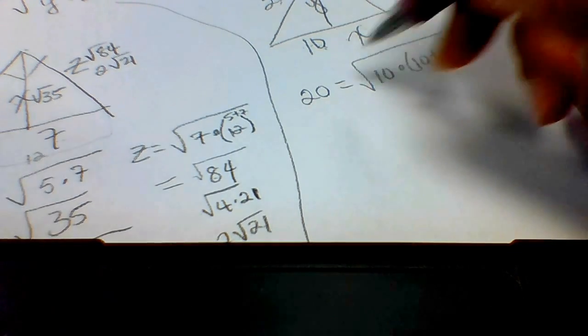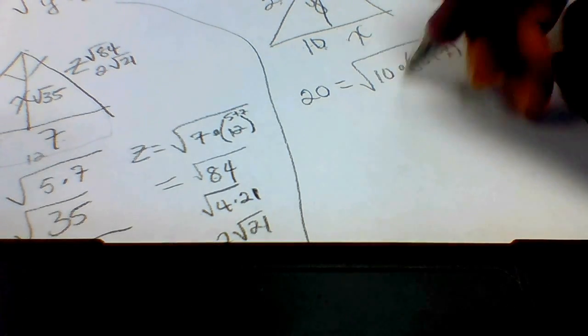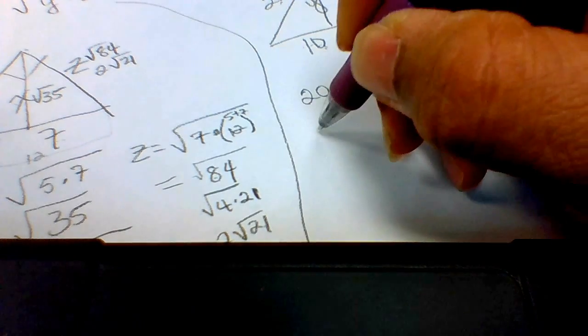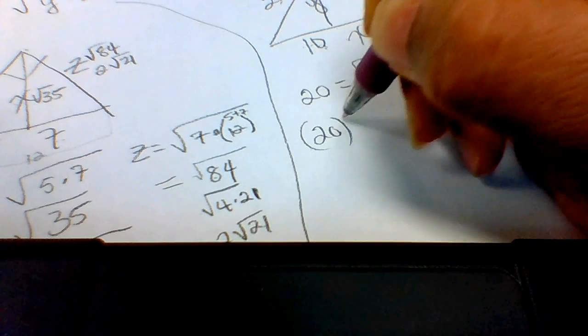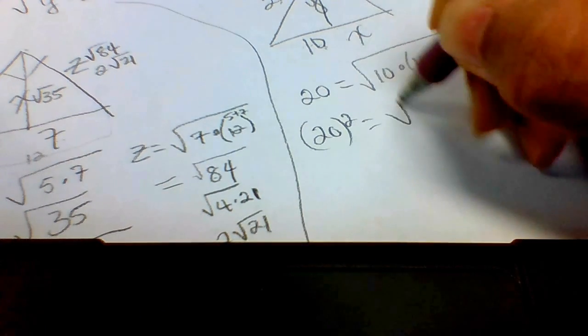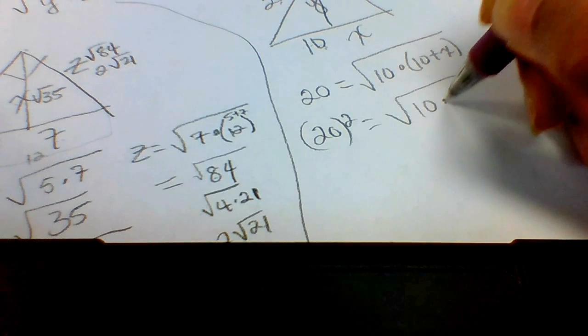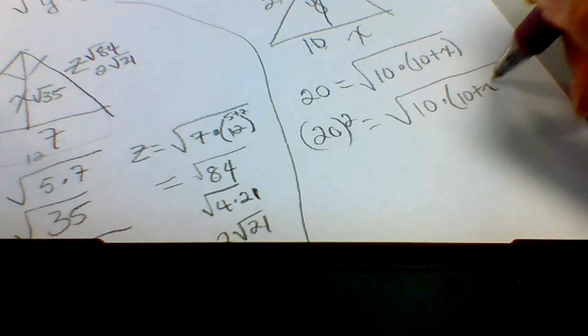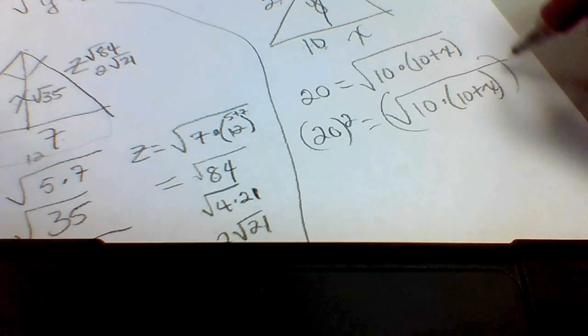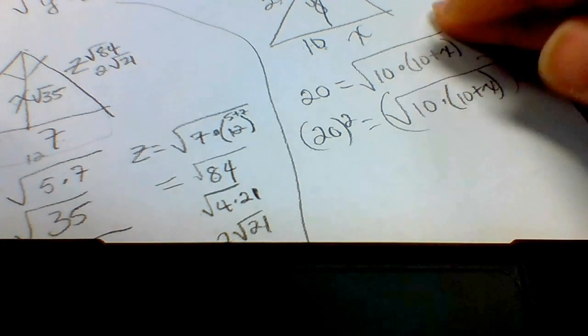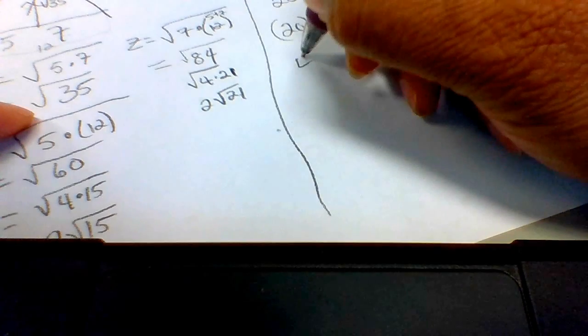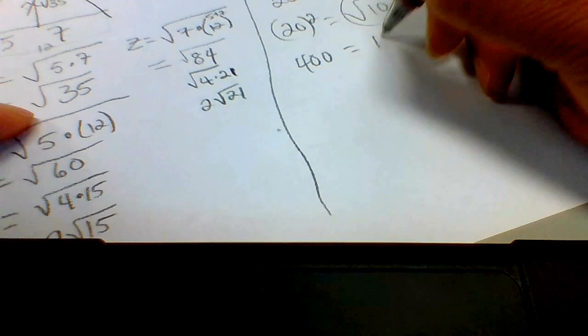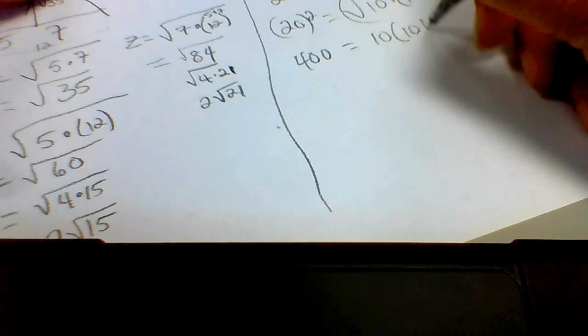Now to get rid of a square root, you square both sides. So 10 times 10 plus x. And because I'm squaring this, I'm left with whatever's left underneath. So this is going to give me 400 is equal to 10 times 10 plus x.